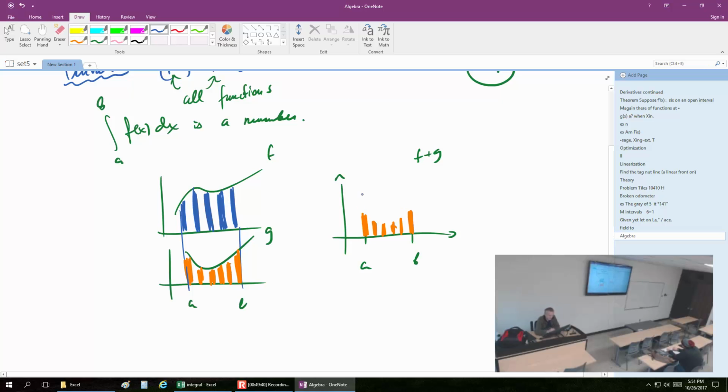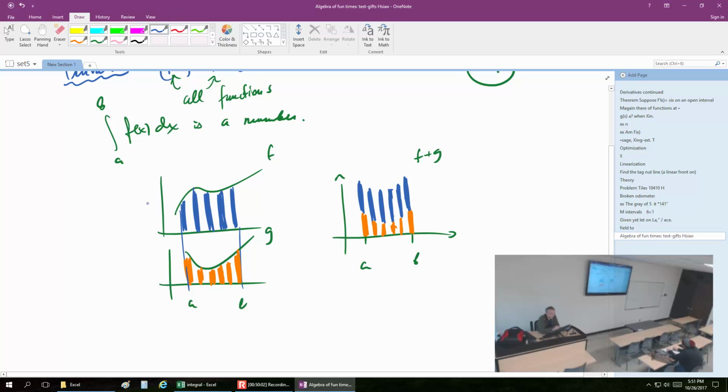Okay, let me try to do this like this, and this one is longer. It's about the same. It doesn't really matter what the actual graph of f plus g looks like. We care only about the Riemann sums.